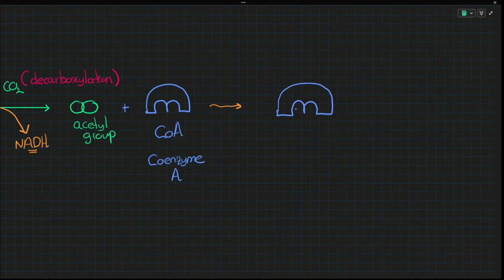So that's that, and that is the acetyl group. And this structure combined, we call it acetyl-CoA. Very simple. We're combining the acetyl group with coenzyme A.